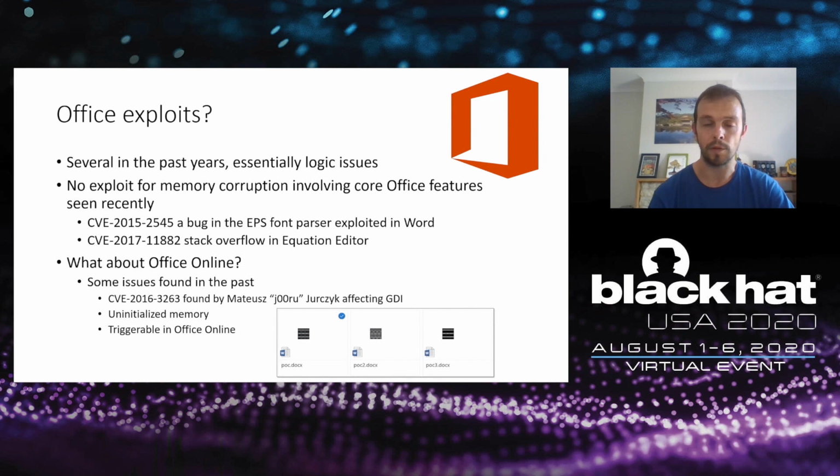His proof of concept was just the same file copied 3 times. And when you looked at this copy on Office Online, you could see that a different picture was rendered each time. So here, we cannot really speak about an Office Online exploit, as I don't believe that he was able to exploit that, but he was still able to demonstrate it.